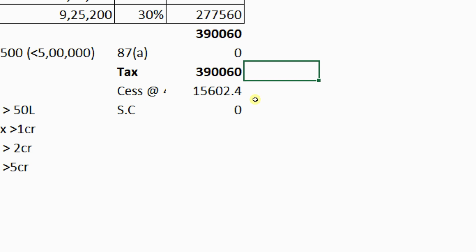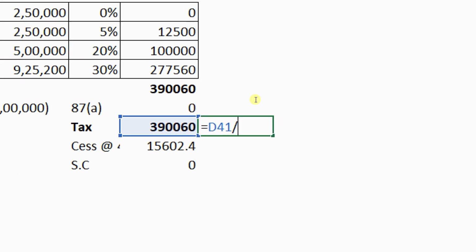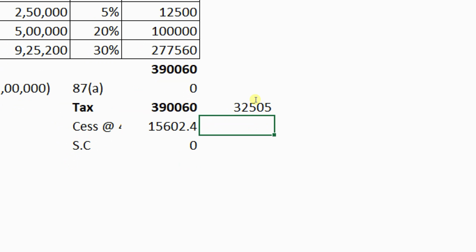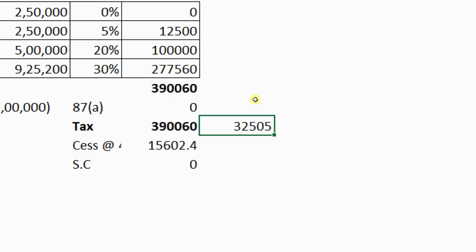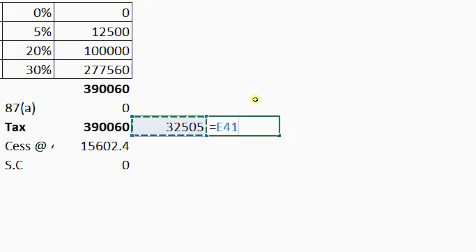But I will divide this into 12 parts. So I will deduct every month how much? Every month from his salary I will deduct 32,000. I will deposit in the e-portal.